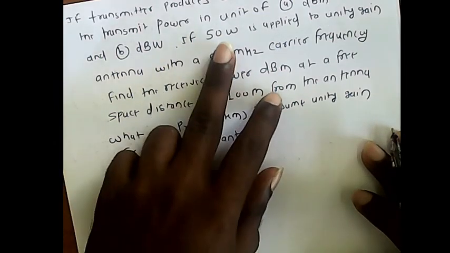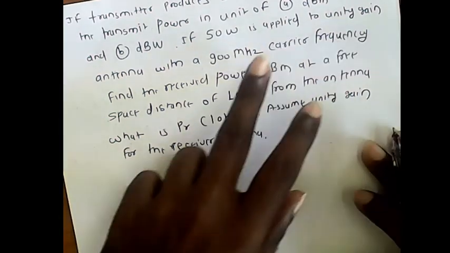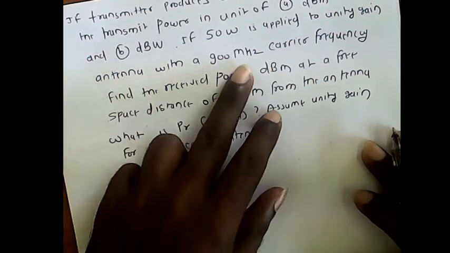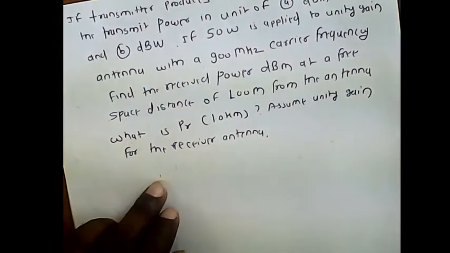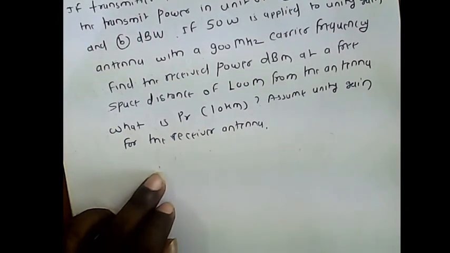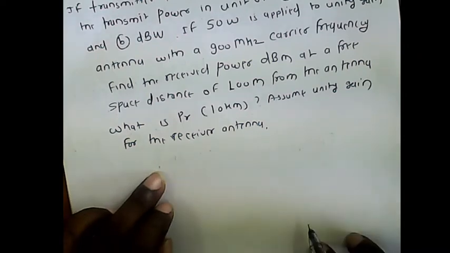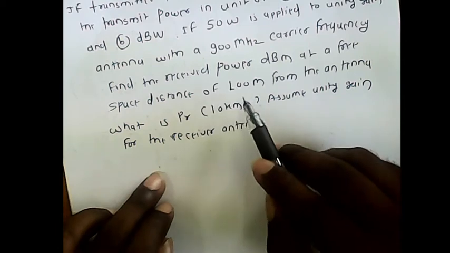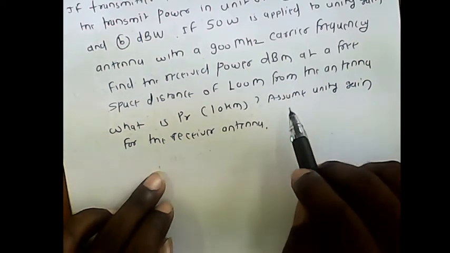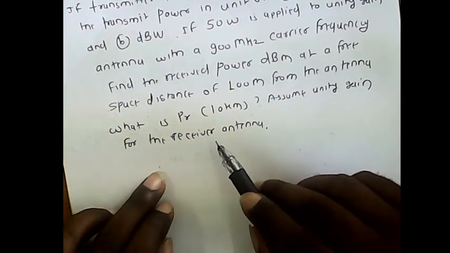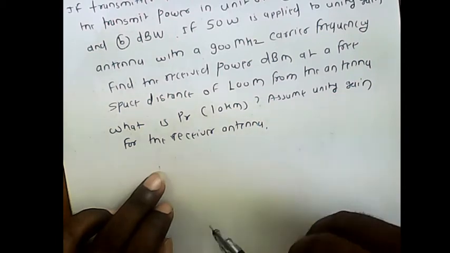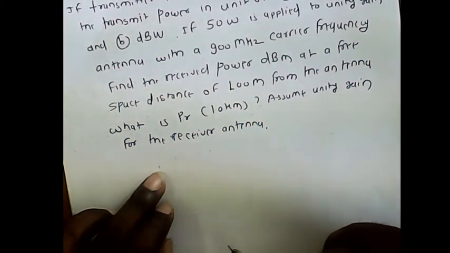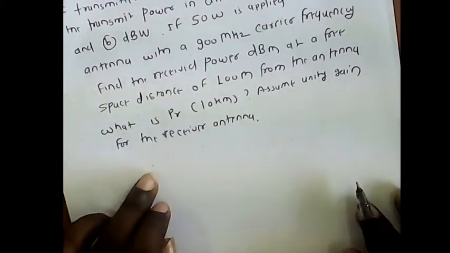If 50 watt is applied to a unity gain antenna with 900 MHz carrier frequency, find the received power in dBm or decibel milliwatt at a free space distance of 100 meters from the antenna. What is the received power for 10 km, assuming unity gain for the receiver antenna.